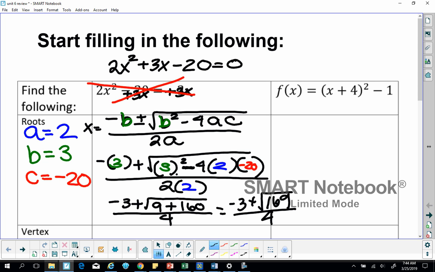Did anyone get the answer with the positive? Did anyone get it yet?